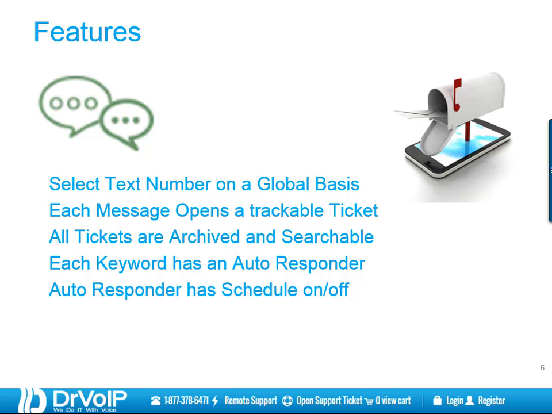For example, during normal business hours, we want the text to come in and go to the email of the next available agent, but when the call center is closed or the customer service group is closed, we want them to get a return message indicating we're closed and we'll follow up on Monday.